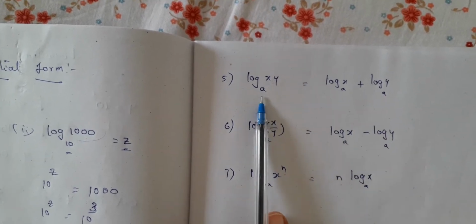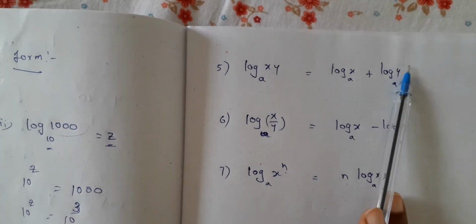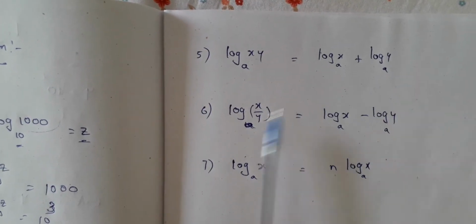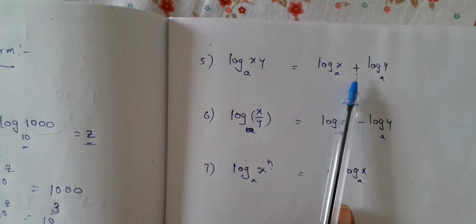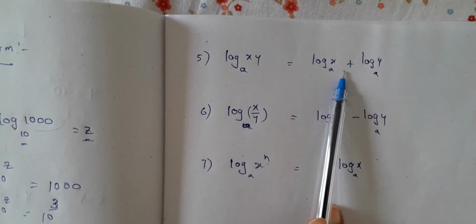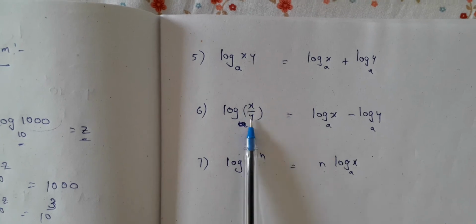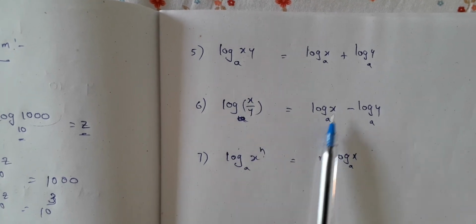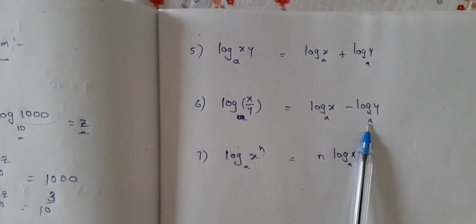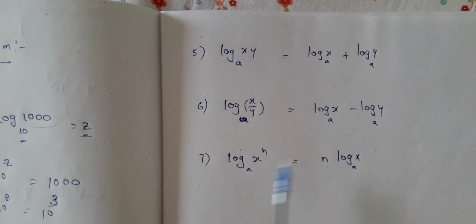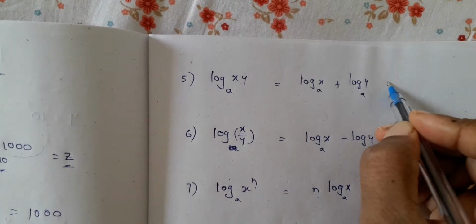Similarly, when multiplication becomes summation, obviously division becomes difference. Log x by y base a is log x base a minus log y base a. Right, so let us take some examples.